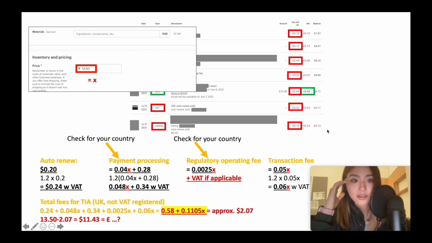And how much money did I get in my account? Around £8. So yeah, maths is magic. So that's the formula that I would need to calculate my fees, and that's what I would use to price my products as well, right? So this is going to be different for you based on your country and whether you're VAT registered.